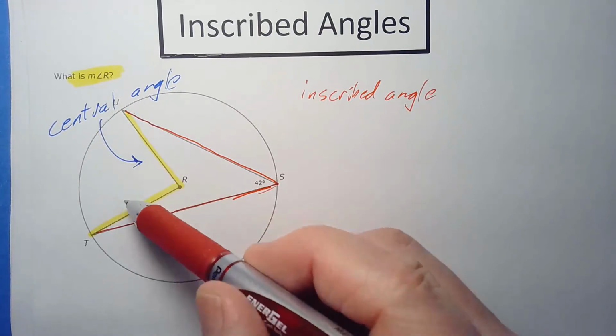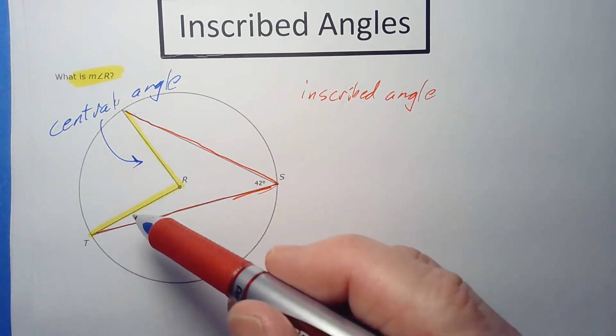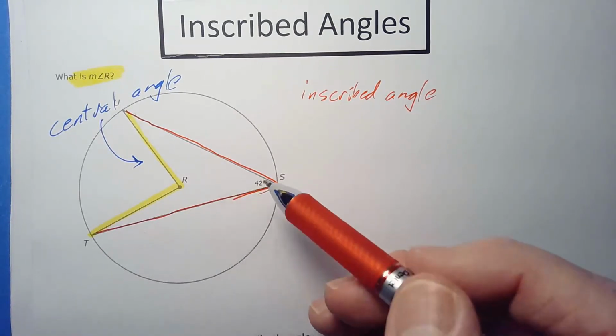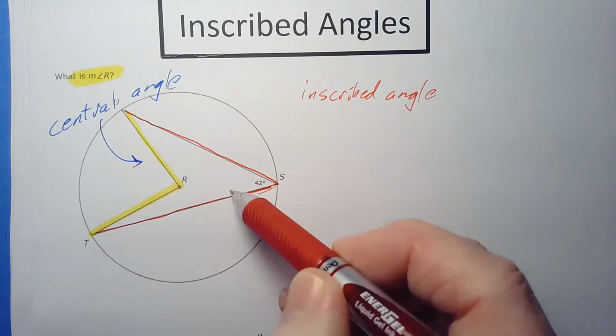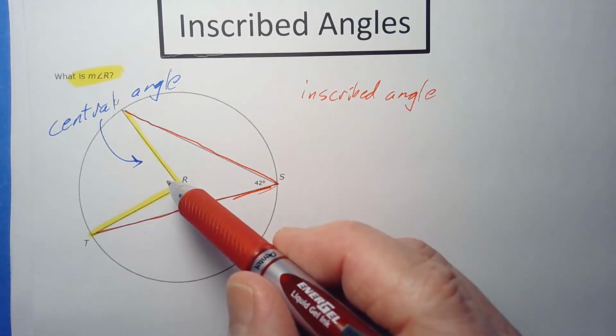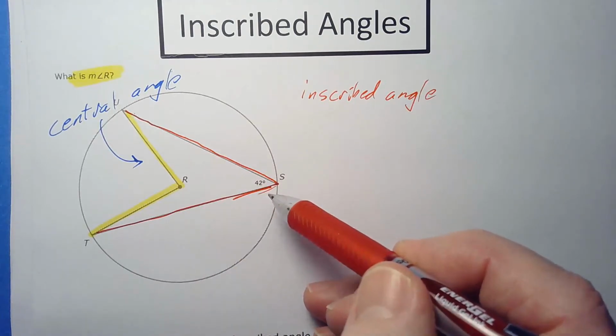This roughly, not exactly, looks like a 90-degree angle, not quite, but maybe a little less. And this 42 degrees, well, that's a little bit less than 45. It kind of looks like this yellow angle, the central angle, is twice as big as this red inscribed angle.